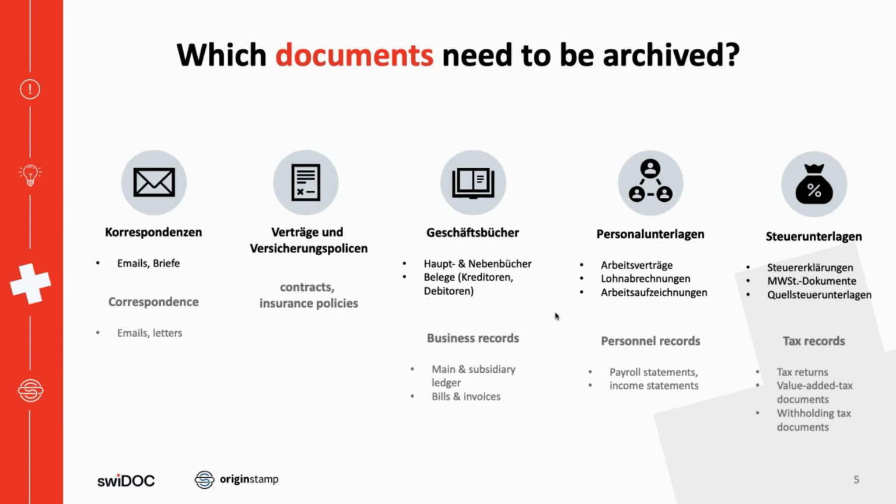Then you have contracts and insurance policies. You have business records, which is the case of bexio. So bexio files are mostly business records, and also personal records of your employees, income statements, payroll statements, and last but not least, we have tax records. So value-added tax documents, withholding tax documents for Switzerland.